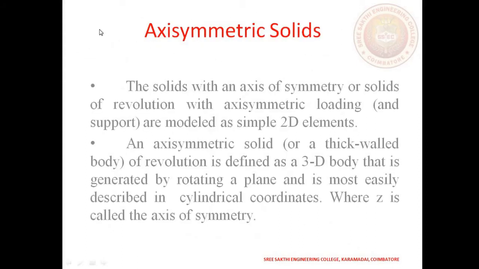So this is an axisymmetric solid. Before going to see the axisymmetric, we should know what is the meaning of symmetric. Symmetry is nothing but when two or more parts are identical after a flip, slide or turn. Or simply, symmetry is a reflection or mirror, or in a technical way, a body made up of exactly similar parts facing each other.